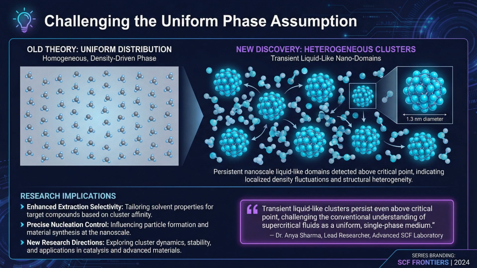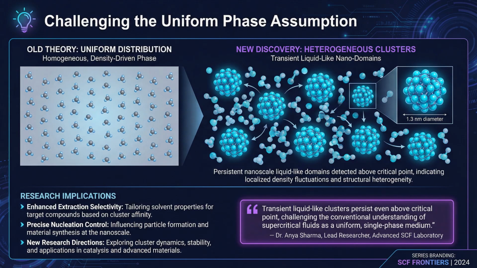Recent research has challenged our fundamental understanding of supercritical fluids. In 2025, advanced simulations and experiments revealed that supercritical fluids are not perfectly uniform as long believed. At the nanoscale, they contain transient clusters of about 30 molecules, roughly 1.3 nanometers in diameter, that briefly form liquid-like structures before dispersing.